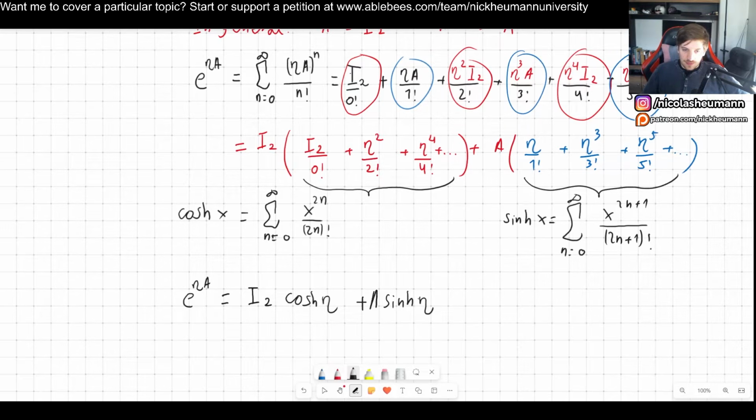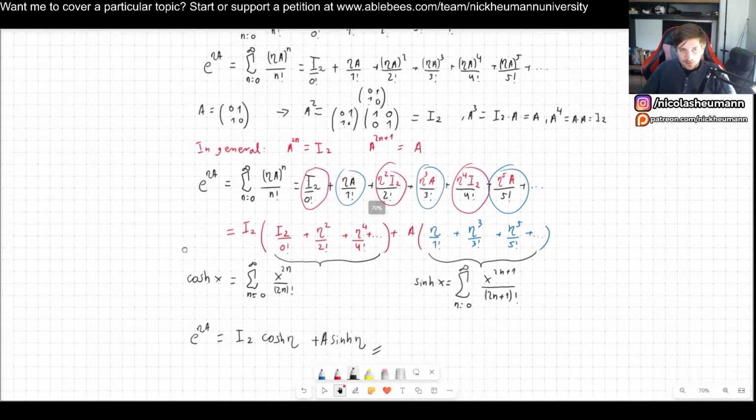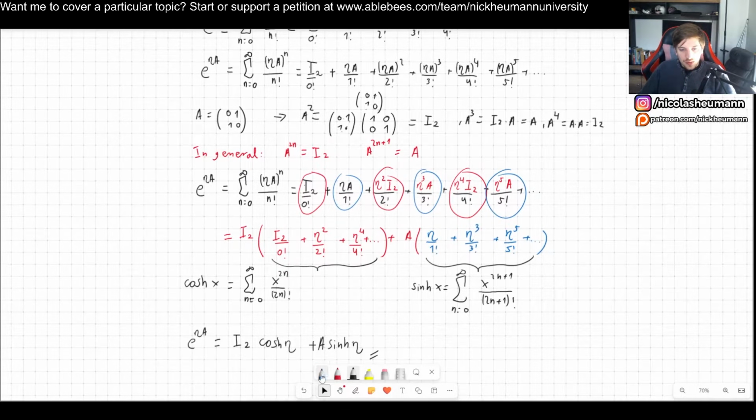There we go. So that is what the exponent is equal to. So that's what we now want to plug back into our original expression, where we left off.